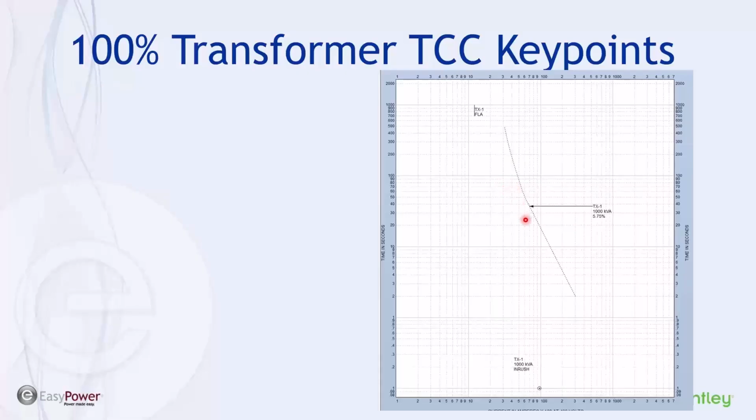If I describe the time current characteristic curves of a transformer, the tool will show me with the tick mark here at the top the full load current at the voltage we have specified as a reference. And based upon what I've selected in the dialog box for the transformer, it will display the 100% damage curve.